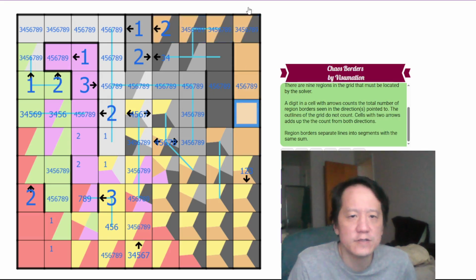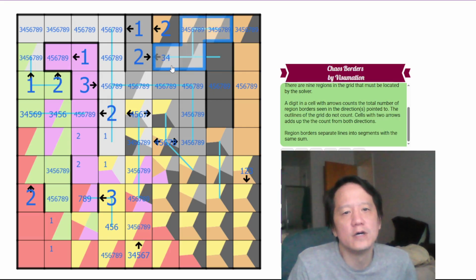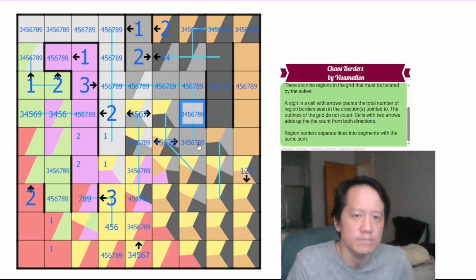Right, because it can't be 2 oranges here, because that'd be 4 orange digits, which add up to 1 single digit, which is not allowed. If we tried to have 3 here, this would be a single by itself. So therefore this couldn't be orange.